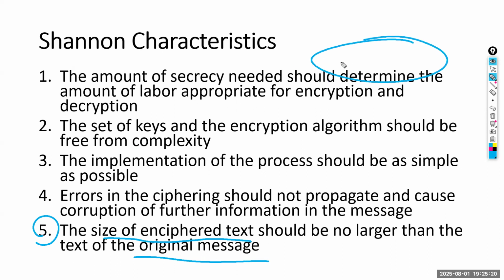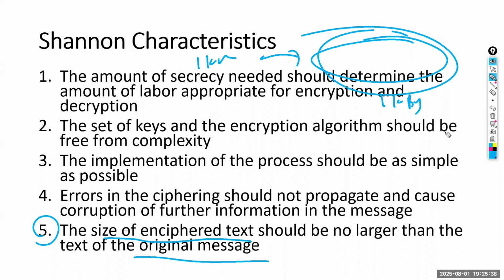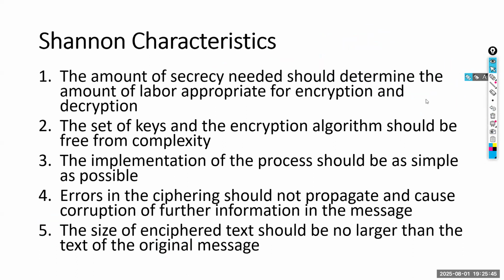Without making it bigger, you can still mix it, substitute, transpose, and if it is 1 kilobyte, you can make sure that this is also 1 kilobyte. That is possible. Because if you make it bigger, then you need more storage and more bandwidth to store and transfer your ciphertext. That is not the purpose, right? So those are the 5 characteristics. We call them Shannon's characteristics of a good cipher.